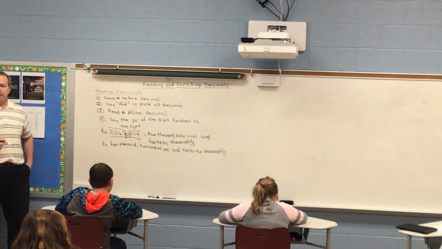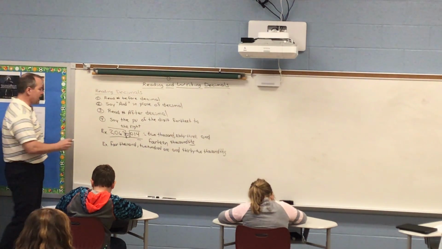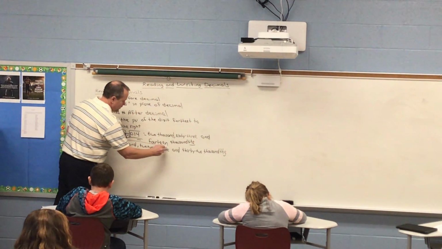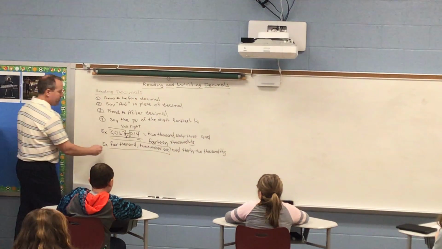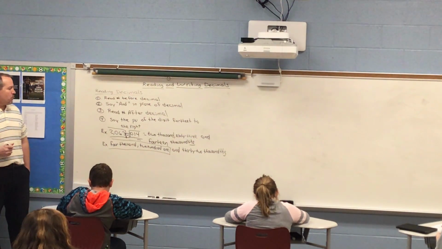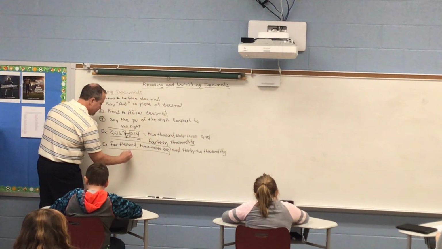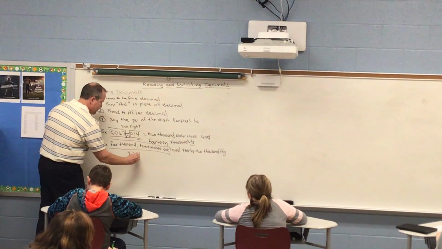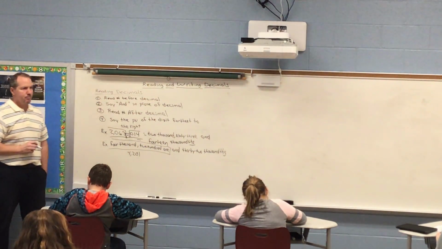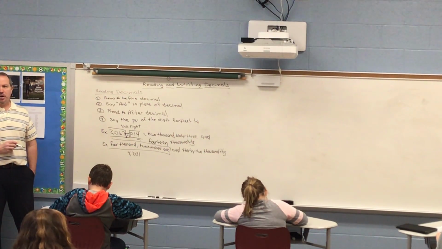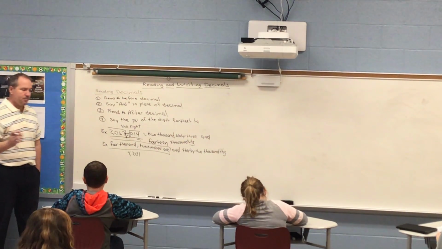So we want to write the number that is before the decimal, or before the word "and". And so we're going to write 4,201. In place of the word "and", we're going to put a what? A decimal.